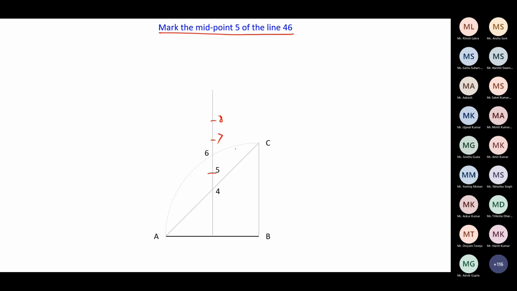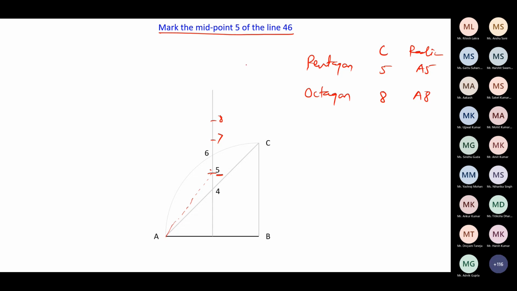For constructing the respective polygon, for example, for the pentagon we use 5 as the center and this has a radius a5. For the octagon, we use 8 as the center and the radius is a8.